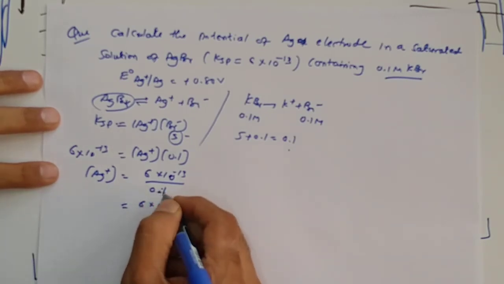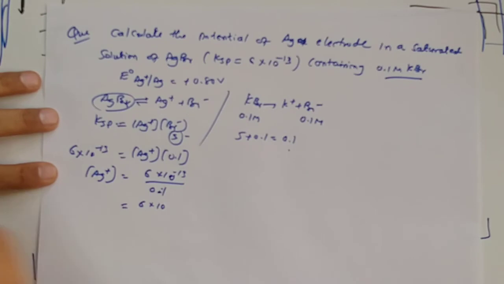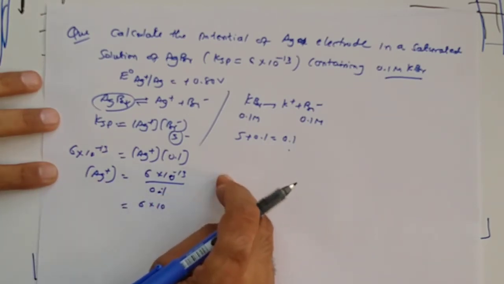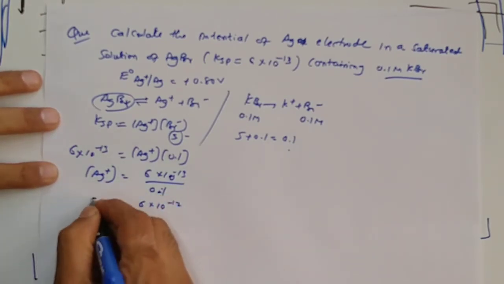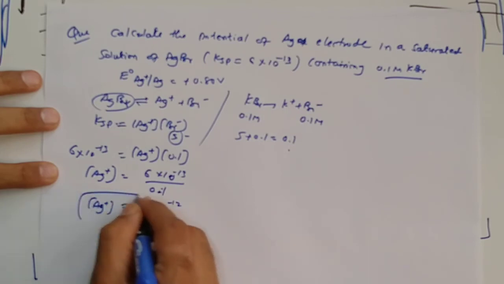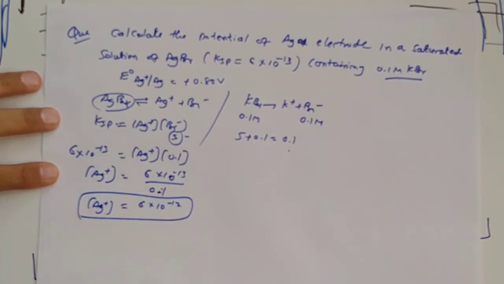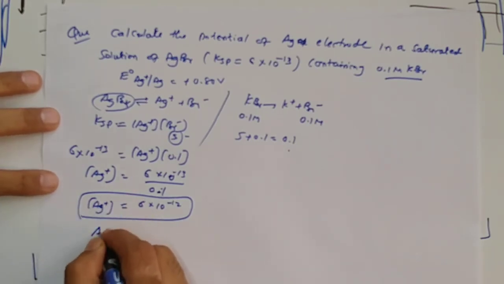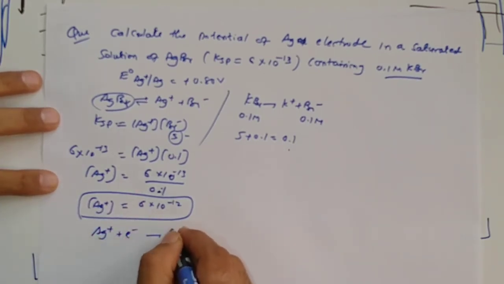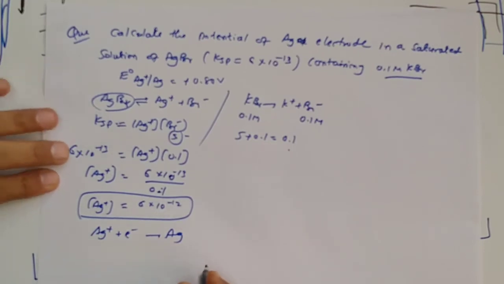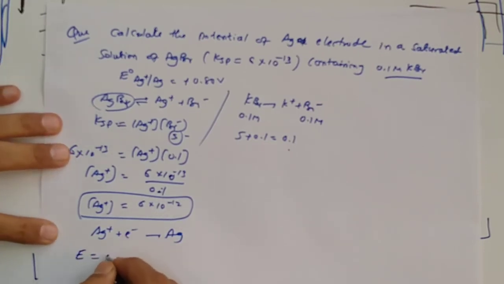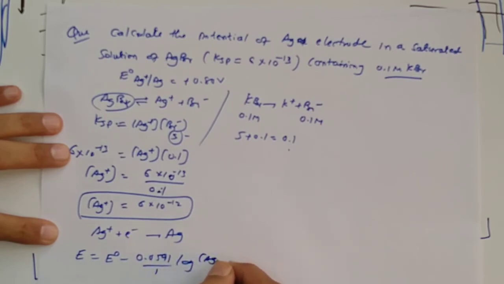So the concentration of Ag plus is 6 into 10 raised to minus 12. Now for the reduction of Ag plus, E equals E degree minus 0.0591 upon 1 log of Ag upon Ag plus, where solid Ag means 1.